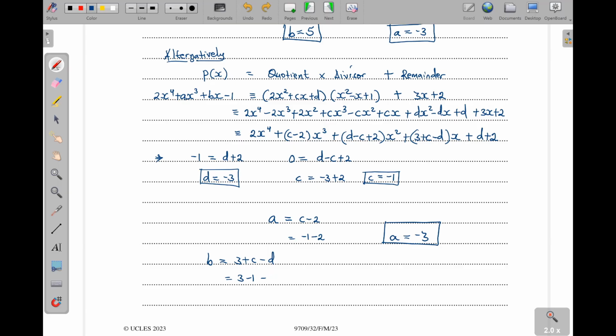So I'll put plus 3 here. So 3 plus 3, that one is 6 minus 1. That one will give us 5. So b is going to be equal to 5. Do you see that it is the same value we got up there? So any of the methods you use can get you to the answer.